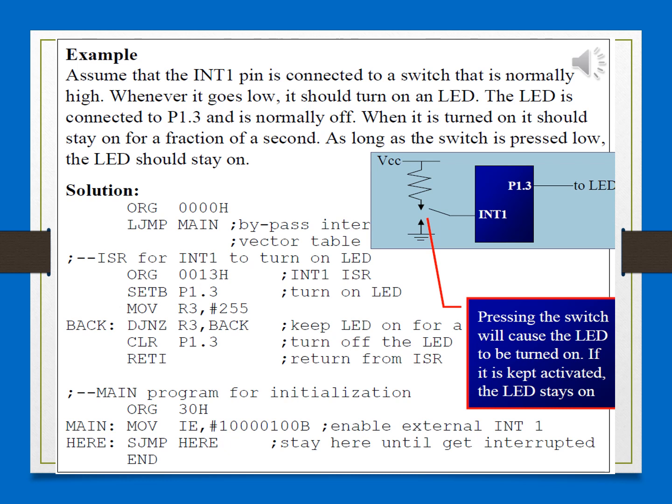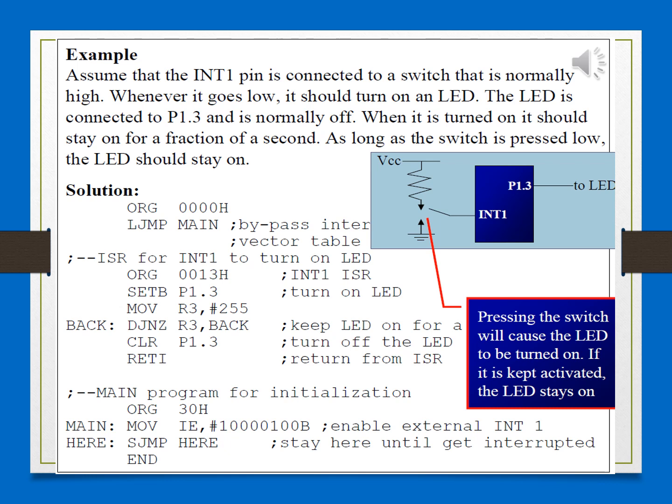In that subroutine, what are you doing? First, SETB P1.3. According to the question, you have to glow the LED, so you are sending a high signal at P1.3. The LED is on now. As the question says, when it is turned on, it should stay on for a fraction of a second, so you're using a delay program there.